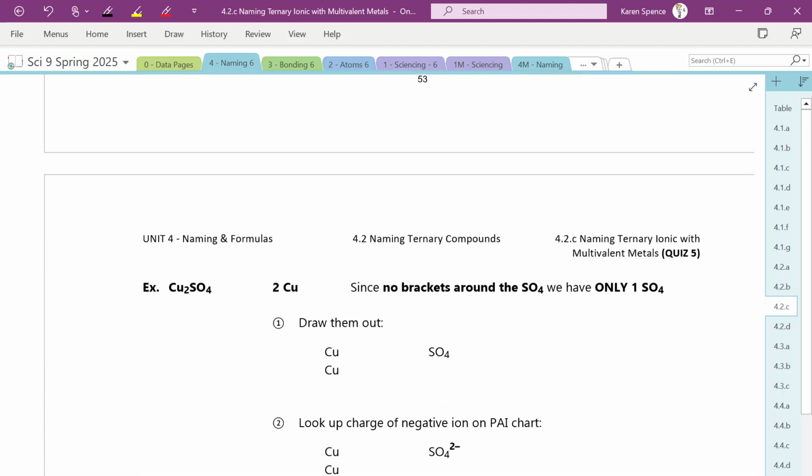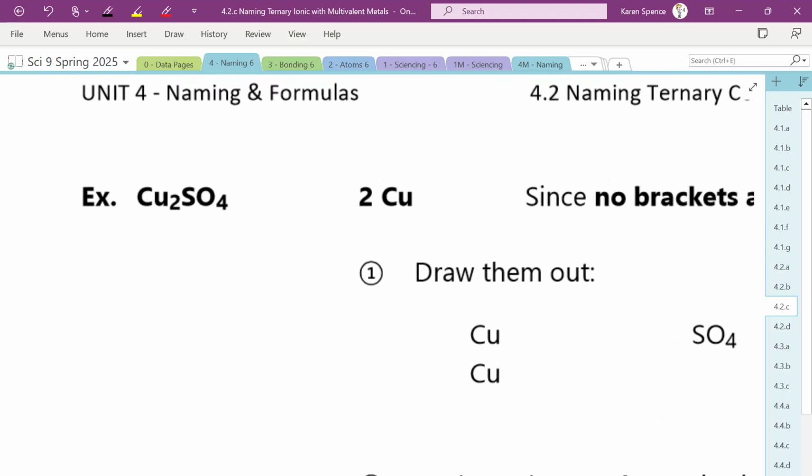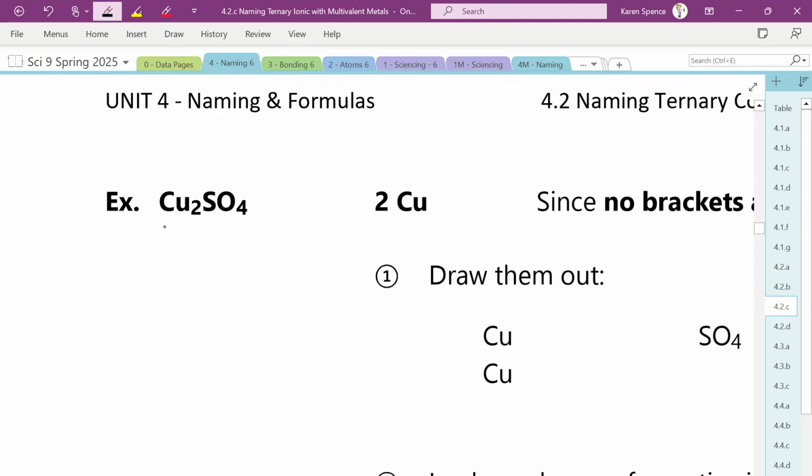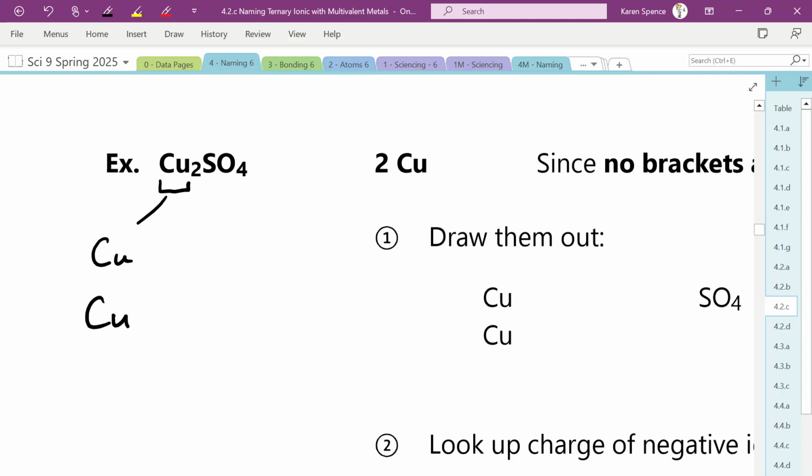Let's just skip that bit. Let's take a look at Cu2SO4. Here is Cu. We have 2 of them, so we have Cu and we have Cu. This is on page 54.